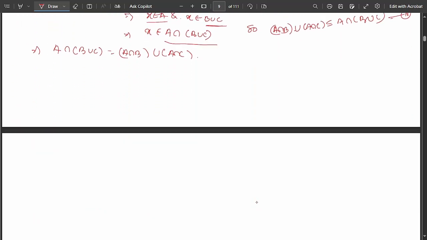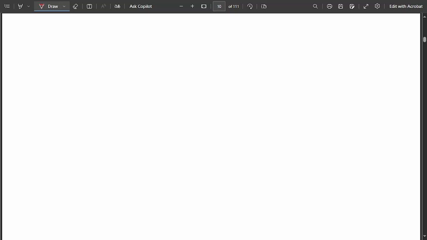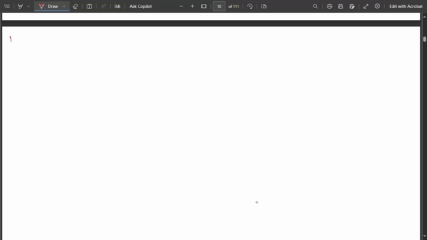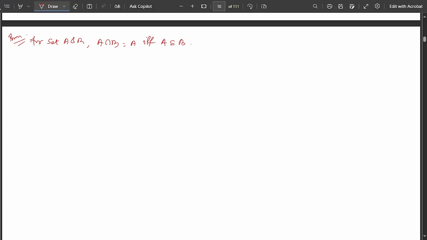Okay. Now I have an important theorem. For sets A and B, A ∩ B is equal to A if and only if A is a subset of B. So when there is written if and only if, we have to show it in both ways.